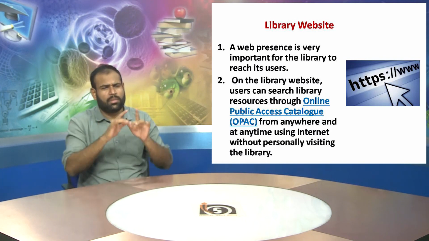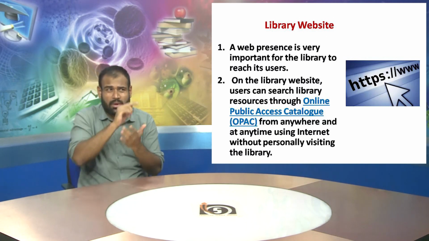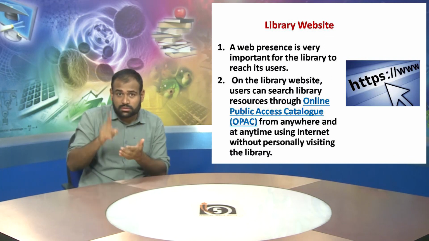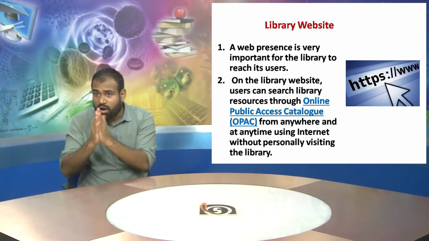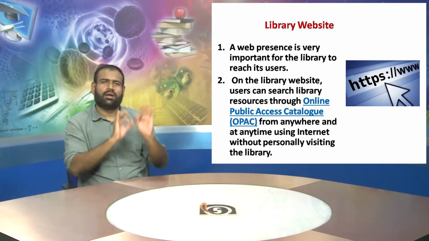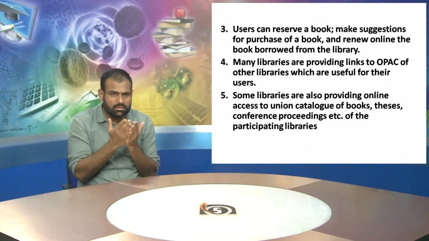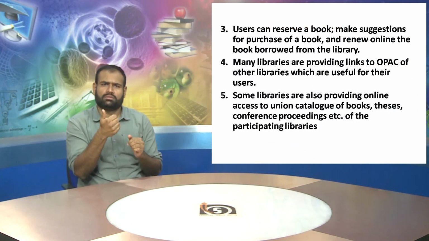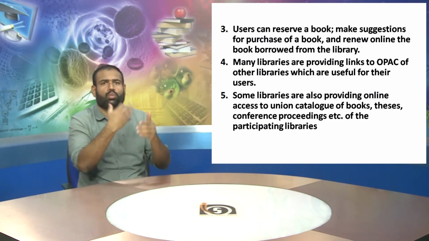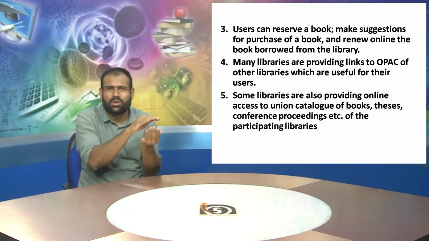Here, we will understand the topic library website. A web presence is very important for the library to reach its users. On the library website, users can search library resources through OPAC easily from any corner of the world. And users can reserve a book, make suggestions for purchase of a book, and renew online the book borrowed from the library.